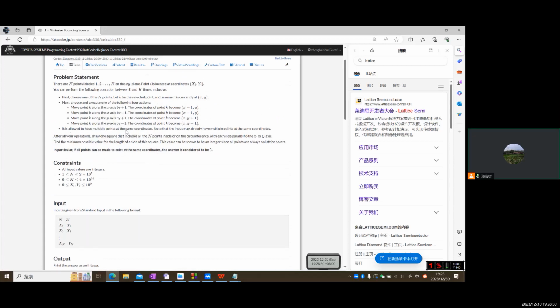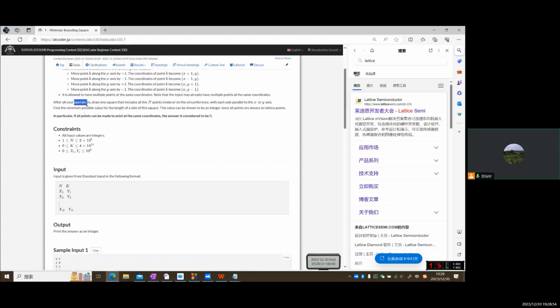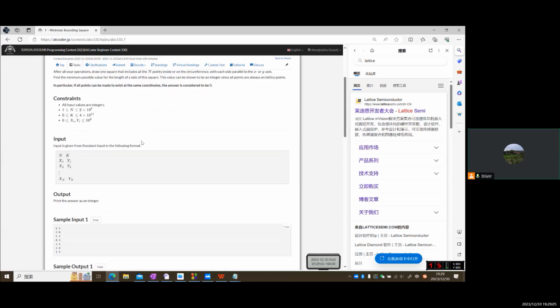Multiple points can be at the same coordinates. Now the task is to find the minimum possible value of the length of a side of the square.